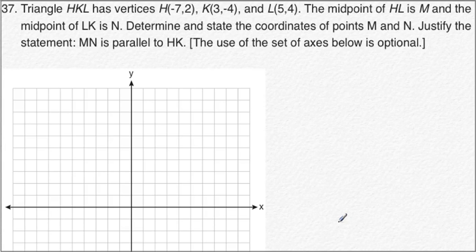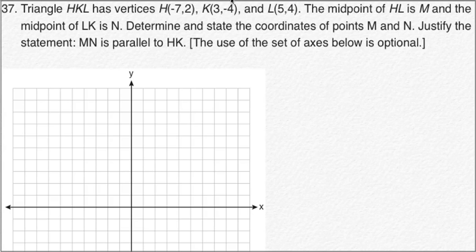Number 37, we have 3 points. A midpoint of HL is M, and then midpoint of LK is N. And then we also have to show that they're parallel. So let's try to draw the pictures first.